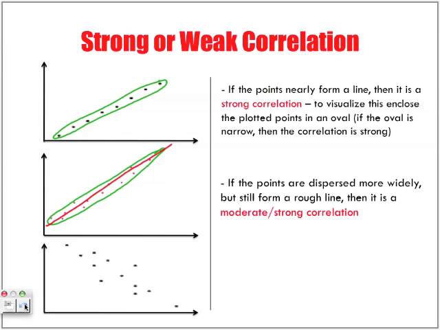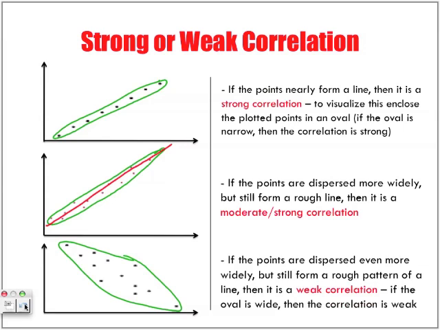If we look at the last one here, and we do the same thing, notice now as I'm wrapping around, the oval gets a little bit wider. So when the oval gets a little bit wider, this is what we look at in terms of being a weak correlation. If the points are dispersed even more widely, but still form a rough pattern of a line, so here's our line of best fit.